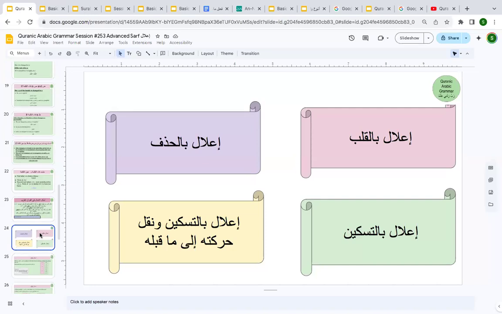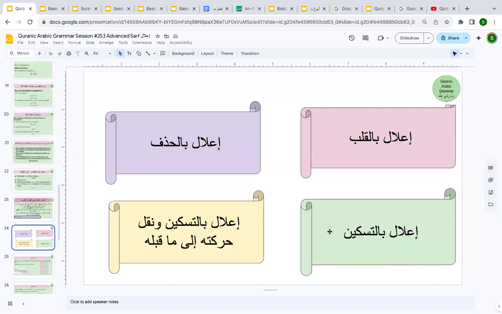The change that particularly happens in a weak letter for ease is called I'lal, and it can be of four types. Basically, two of these types can be put together under one heading, but sometimes you will find them written separately, so it's going to be easy if you understand it as four forms as well. It's not going to hurt.